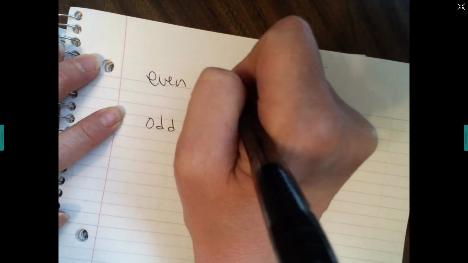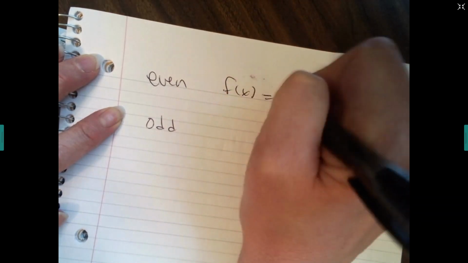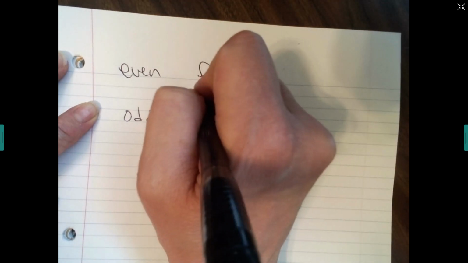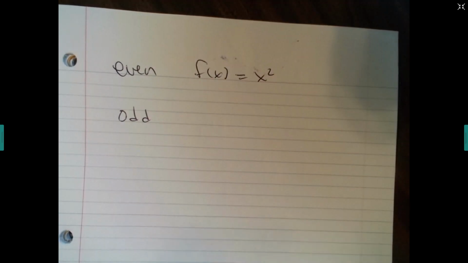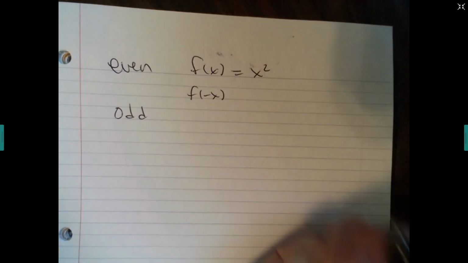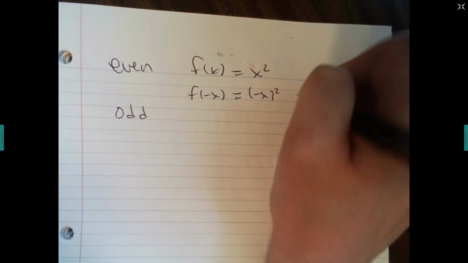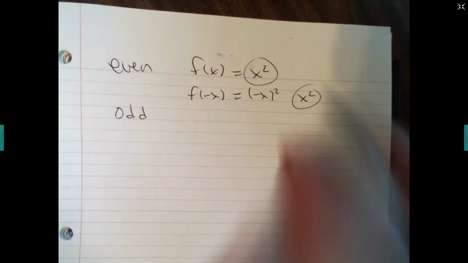The other thing is even and odd functions. So an even function, the way you test this, there's kind of 2 different ways. One is sub in the opposite to see what happens, right? Because you want to see, if I sub in the opposite of x, what do I get? Well, a negative times a negative is a positive. And notice you get the same thing back.